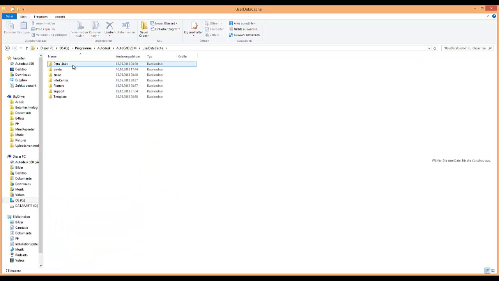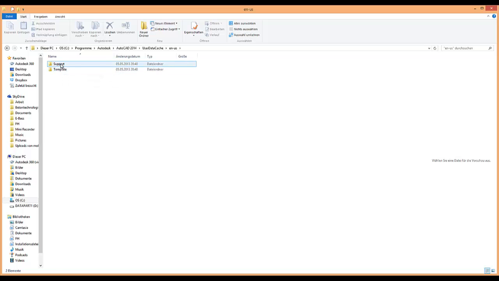And if you go in there, if you're using the English version, you'll find the folder called ENUS. If you're using the German version, you'll find the one called DED. Since I have both versions installed, I have both folders, and whichever one you find, there again you'll find support and template.